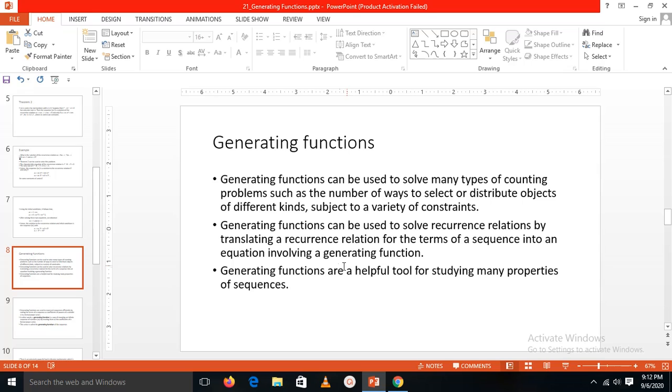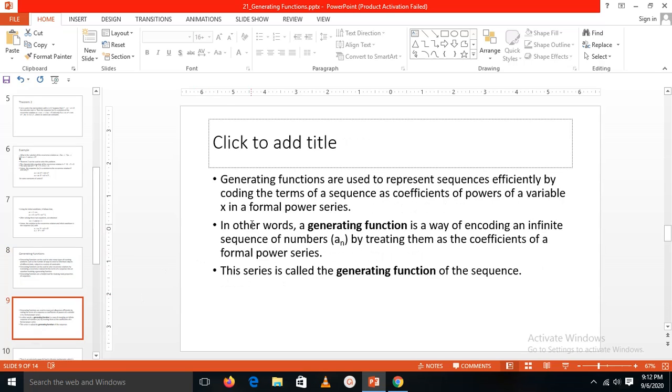These generating functions are a very helpful tool for studying many properties of the sequences. Next, generating functions are used to represent the sequences efficiently by coding the terms of a sequence as coefficients of the powers of a variable x in a formal power series.